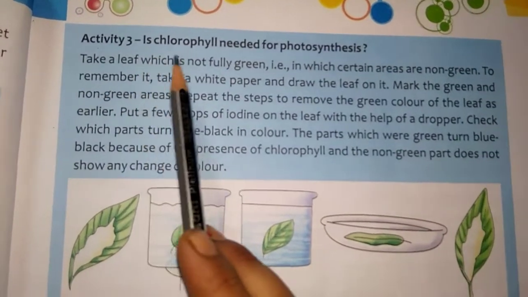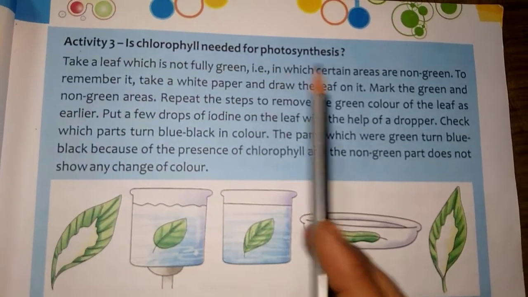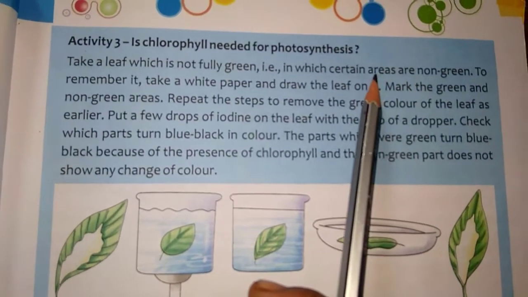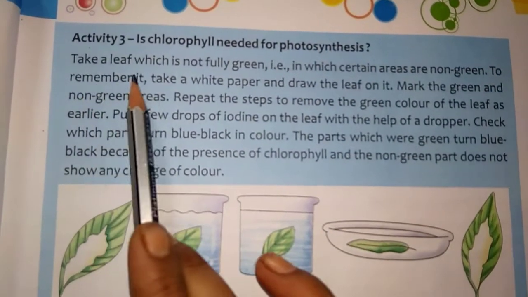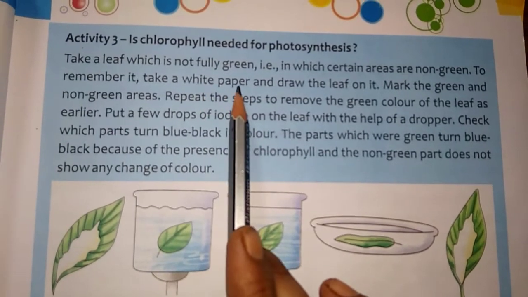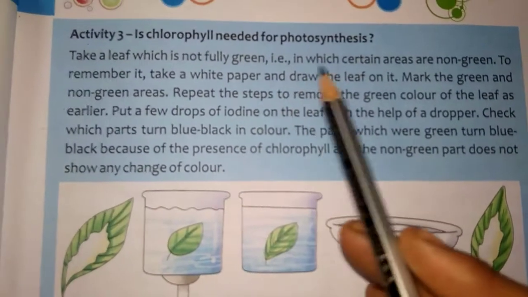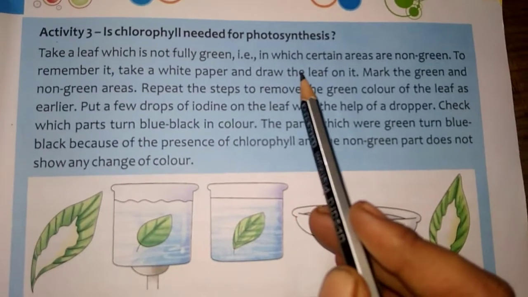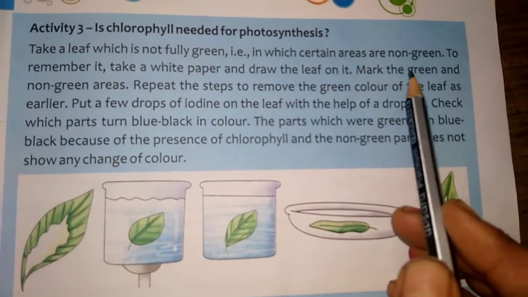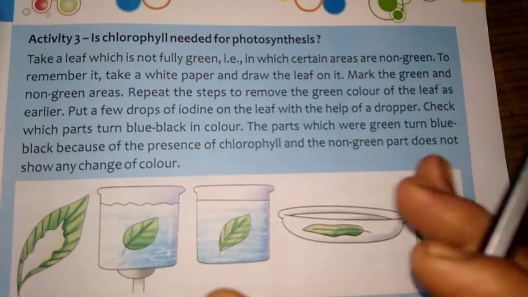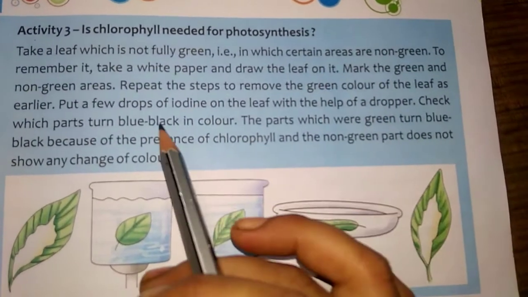Activity 3. Is chlorophyll needed for photosynthesis? Now chlorophyll is also required for photosynthesis, that we have to see. Take a leaf which is not fully green, in which certain areas are non-green, any color you can take.